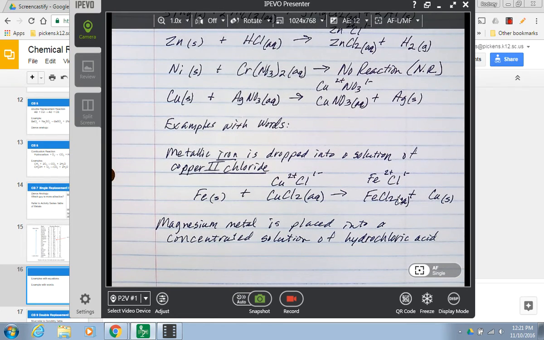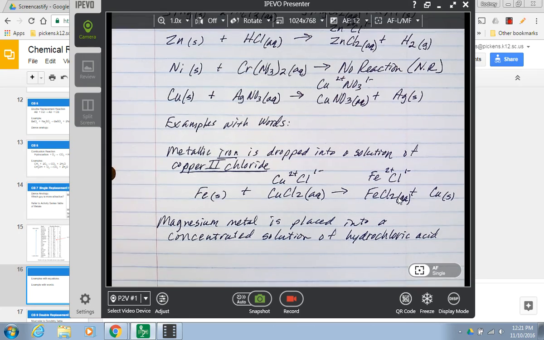Sorry about that. You might want to pause it and go ahead and copy that down. Magnesium metal is placed into a concentrated solution of hydrochloric acid.